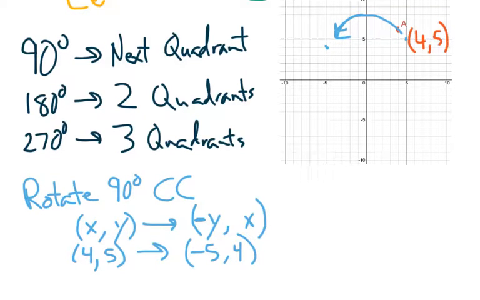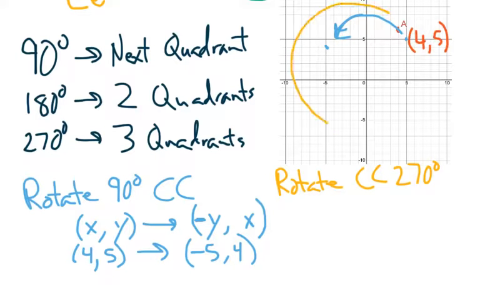Now, let's go with another color. Let's go with a rotate, somewhat similar, CC, but this time we're going to jump the gun and go to 270 degrees. What that means is we're going to go all the way around to this quadrant. If that's the case, we'll start off with our x, y, and it becomes y, x.